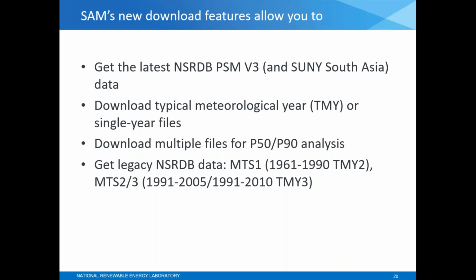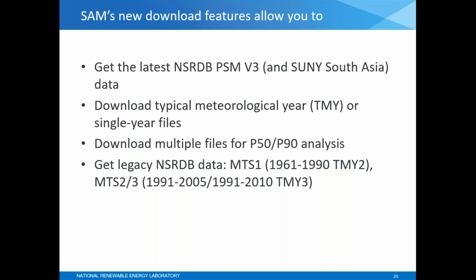Here's what you'll be able to do in the new version of SAM. You'll be able to get the latest NSRDB data. That's the V3 data for the Western Hemisphere, and then also the SUNY South Asia data. You'll be able to download either typical year data or single year data files.